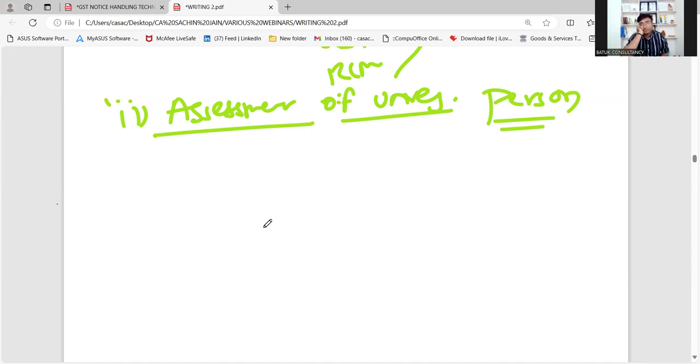In that case, the departmental authority will collect that data and prepare a notice for me. So that is the base. Your assessment of an unregistered person will always be based on external information.